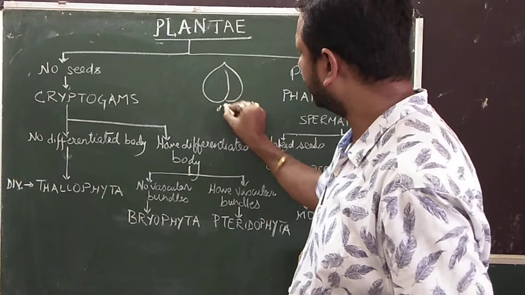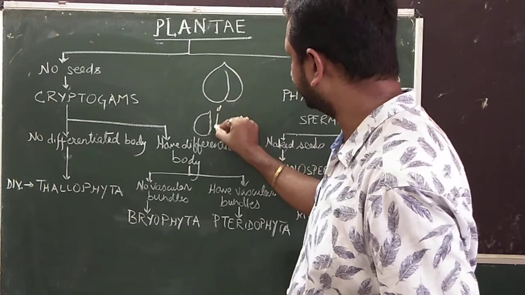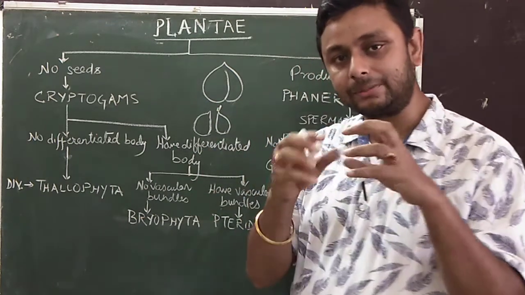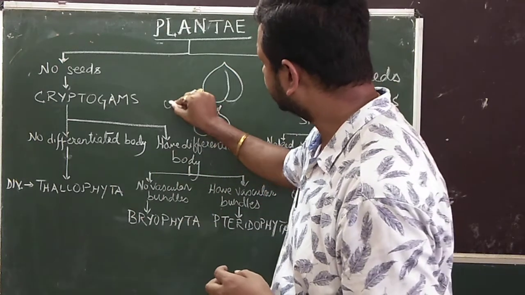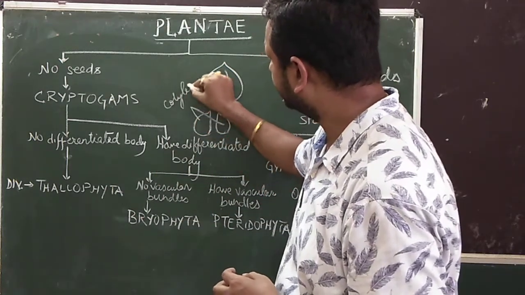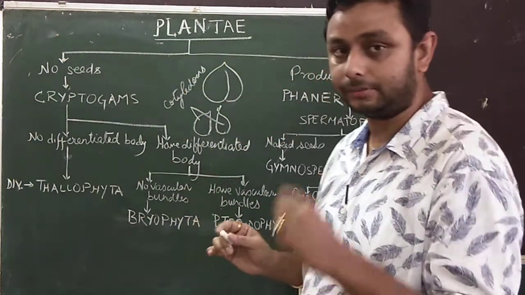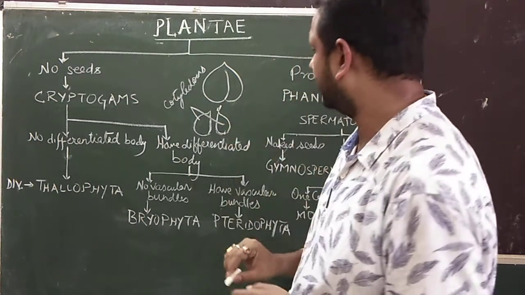If you soak it in water, you will be able to separate the seed into two parts like this. These parts are called cotyledons, which store food for the baby plant, the sapling which will come out.